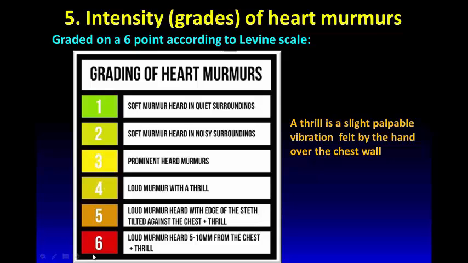Grade 6 over 6 murmurs have got the highest intensity, so they are loud murmurs which can be heard even with the stethoscope 5 to 10 millimeters away from the chest wall, and obviously they are associated with thrill.